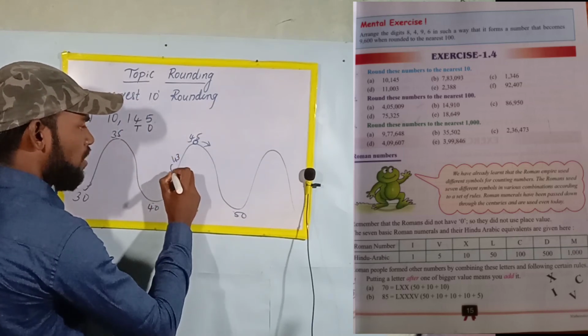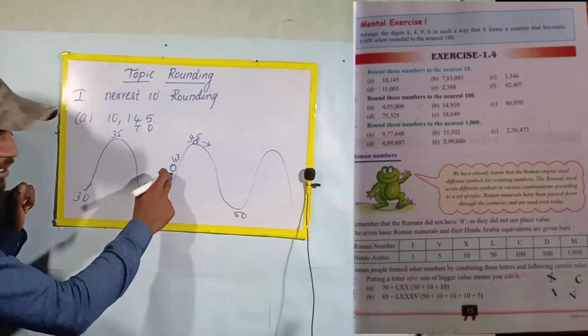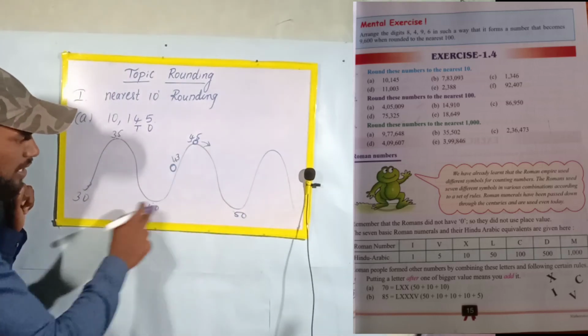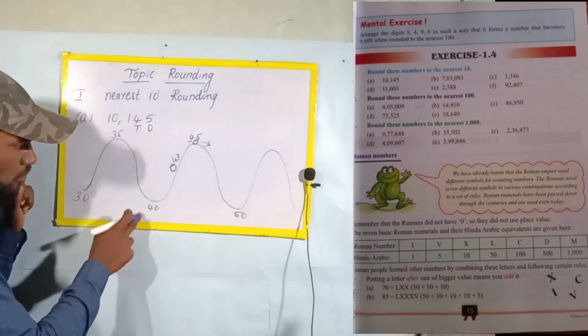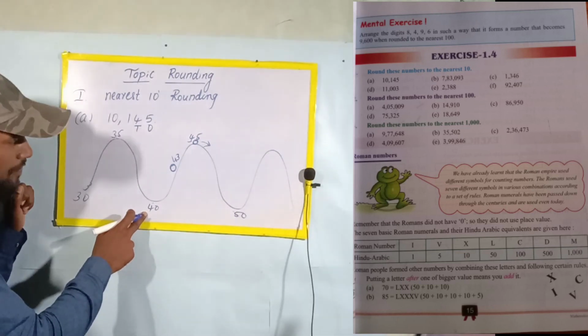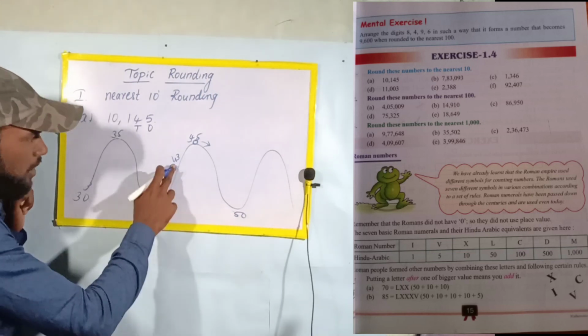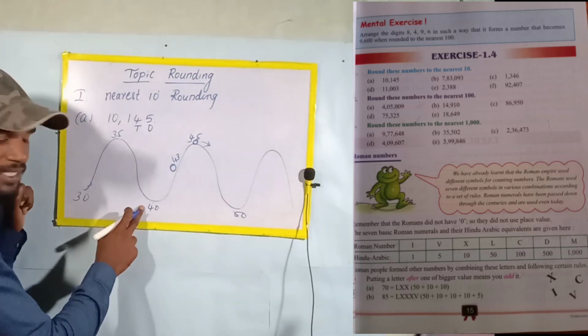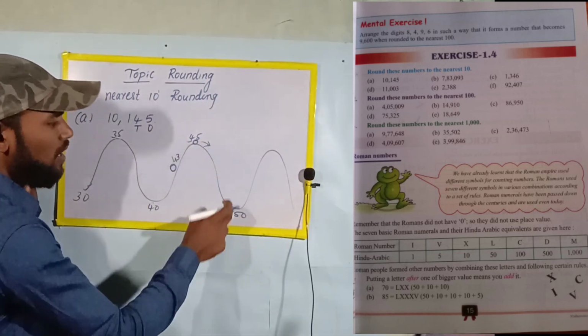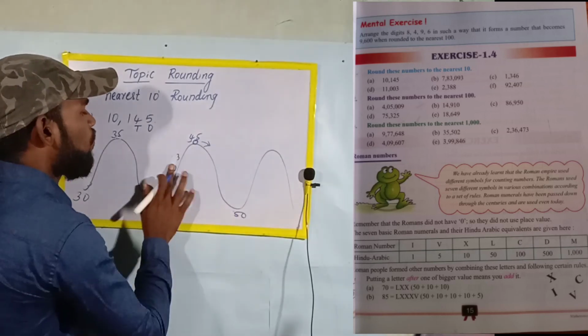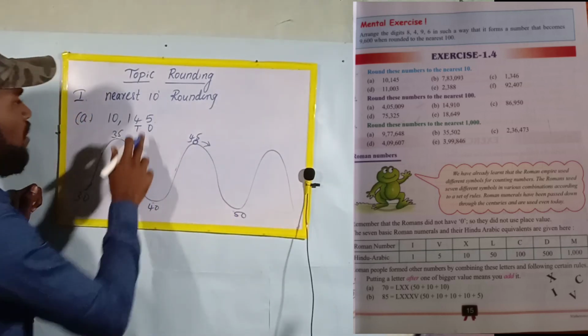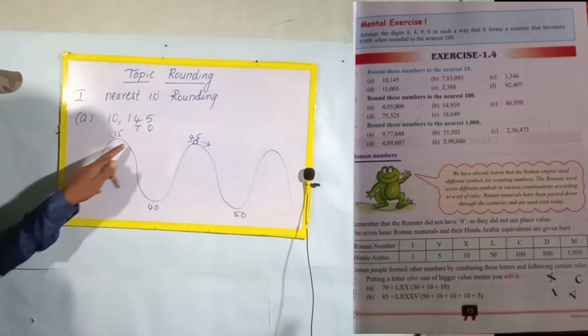The ball is here and will move to the 40s, not to the 50s. Everyone clear? Here the slope is towards the 40 side, and here the slope is towards the 50 side. So what is the nearest tens of 145? That is 50.